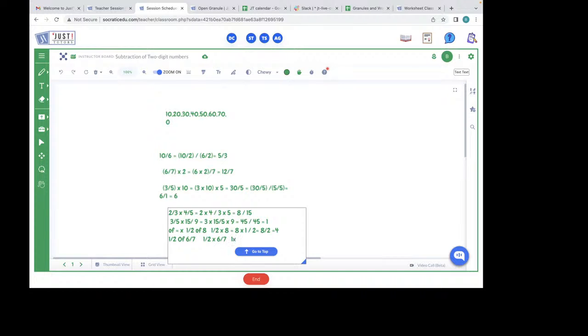So 1 multiply 6 upon 2 multiply 7. So this is 6 upon 14, as 2 sevens are 14.